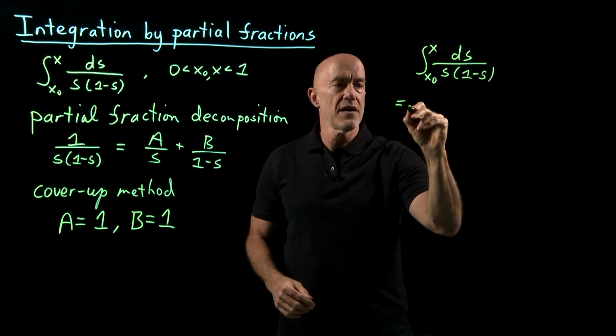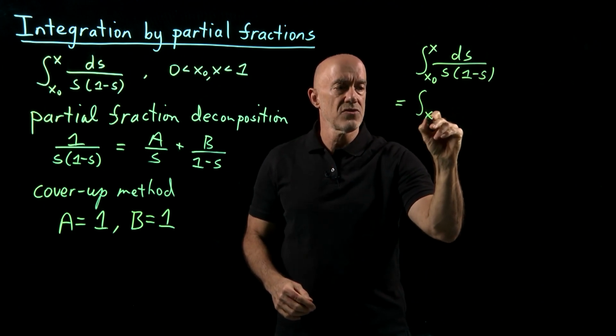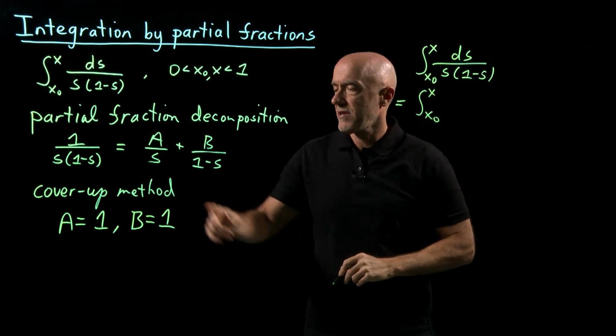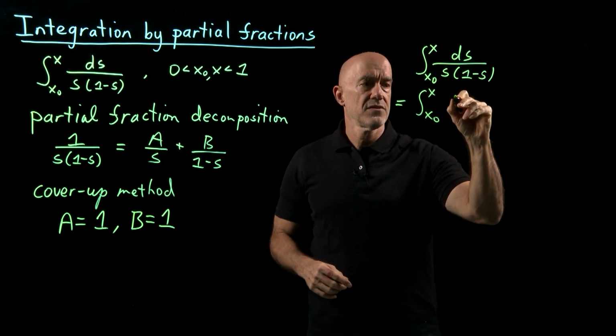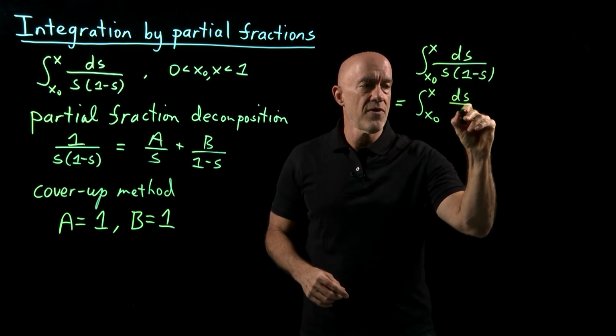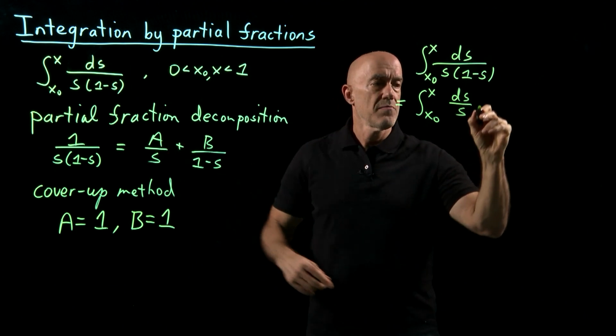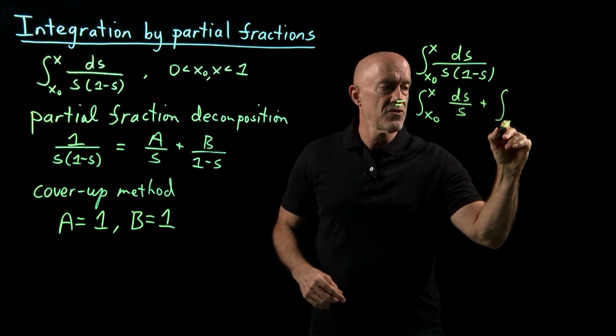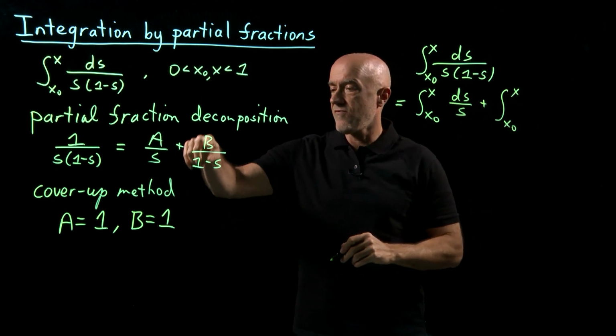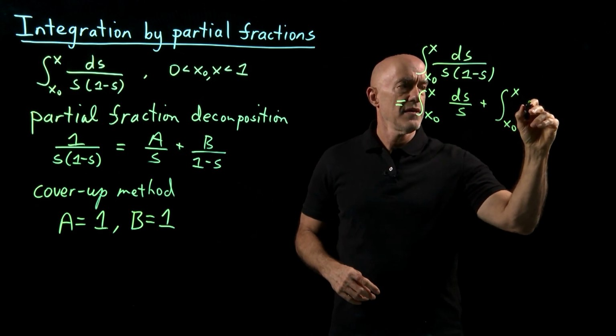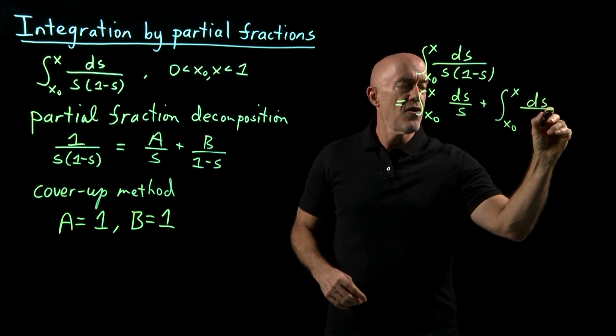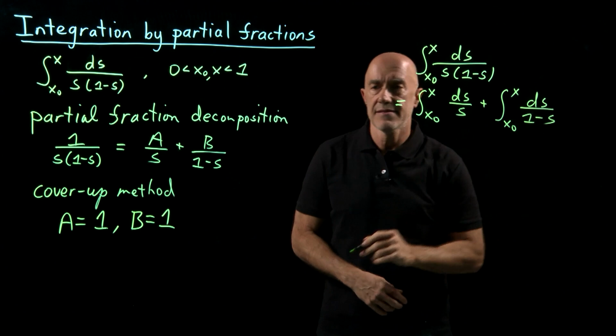That will become the integral from x naught to x of ds over s, plus the integral from x naught to x of ds over 1 minus s.